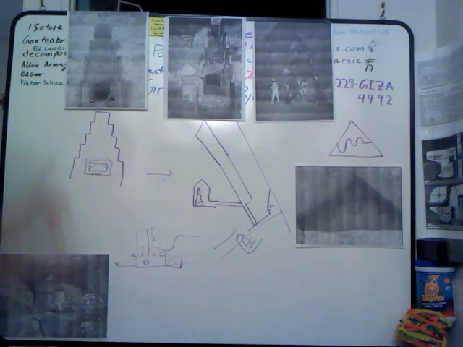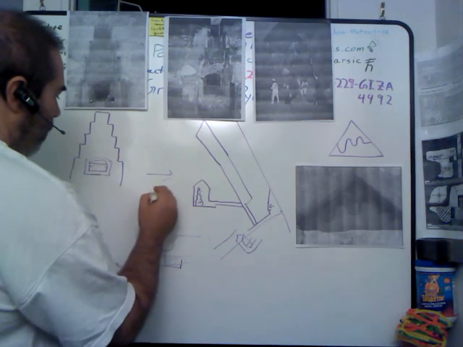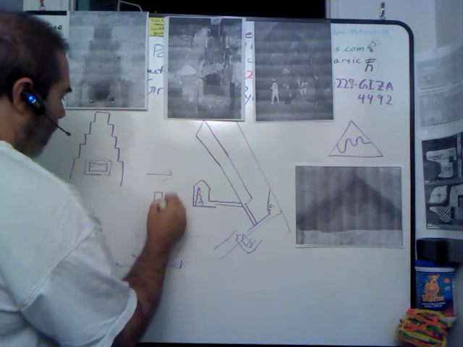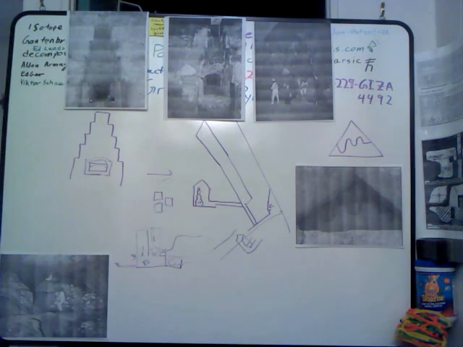Other areas, I'll point them out since I'm talking about communication. I just thought of one. If you look at the roof above the pit, there are 3 squares that sit a little bit apart from each other.